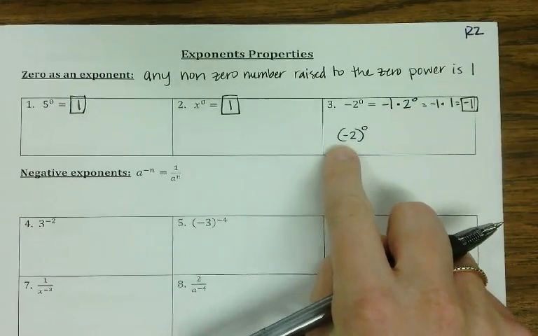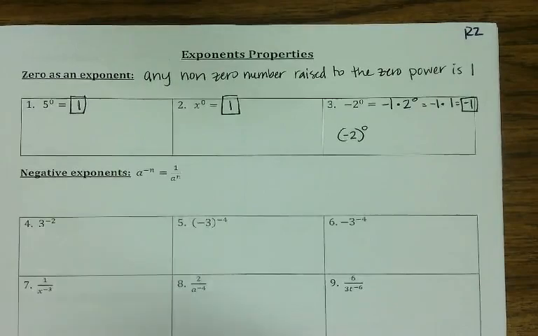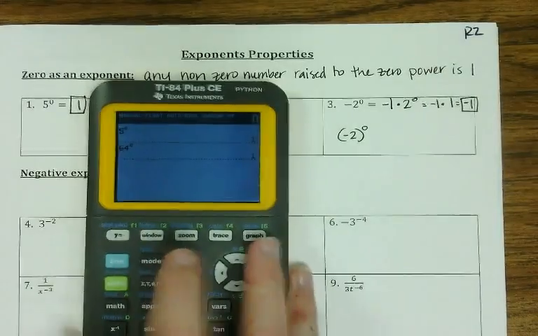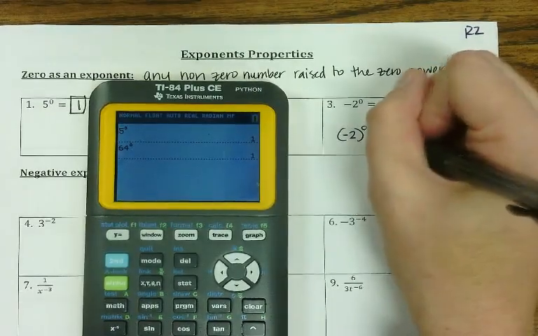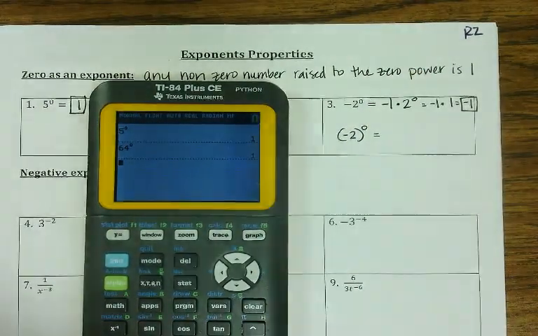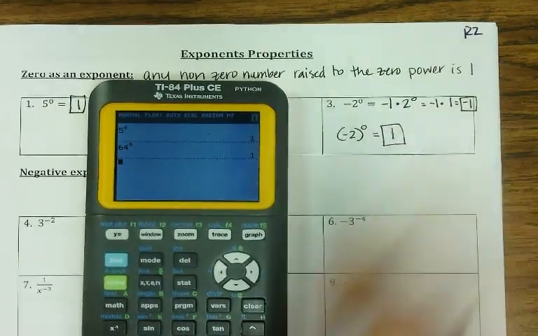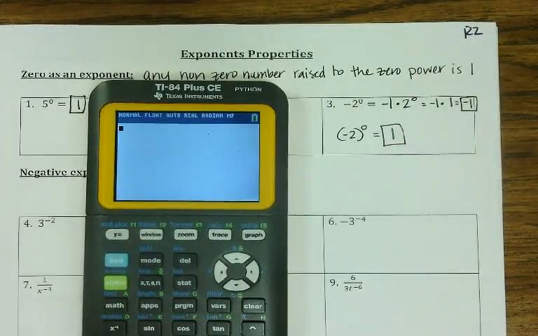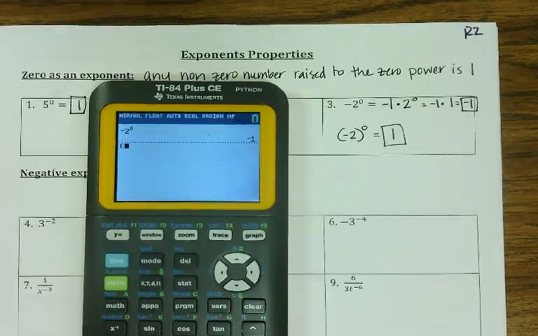But guys, if your negative number is inside of a parentheses, that entire thing, negative 2, to the 0 power, that right there would be positive 1. All right, guys? And you can see that that's backed up here. If we do negative 2 to the 0 power, we get negative 1.